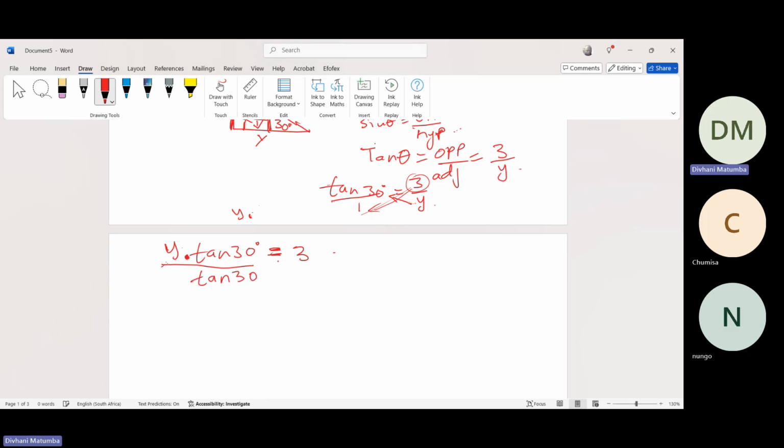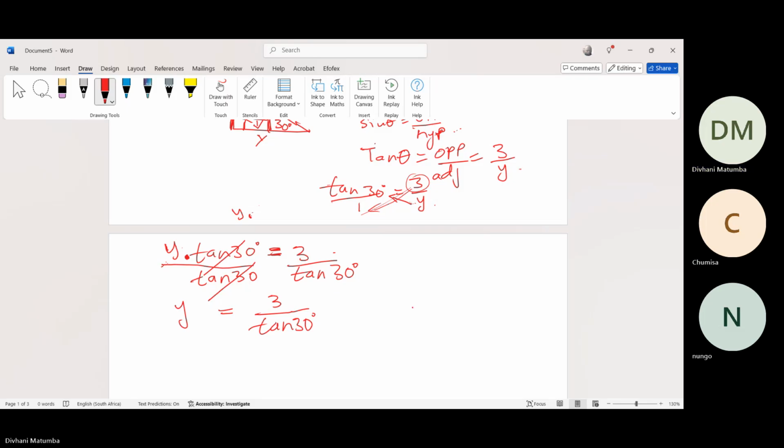If we divide on the left hand side, we must also do it on the right hand side. Right. But these two will cancel. You will be left with 3 over tan of 30. Kumisa, do you agree?